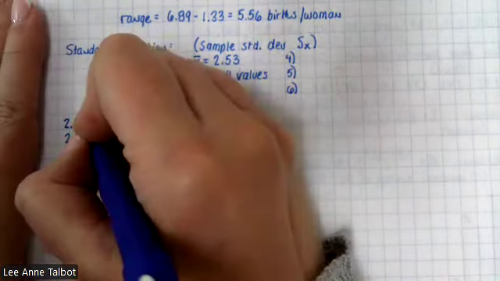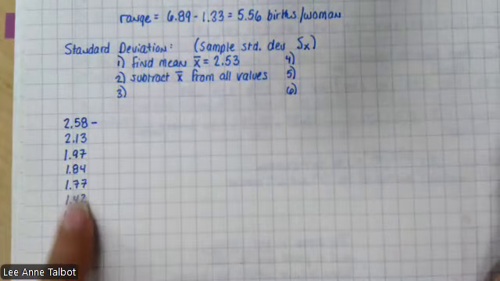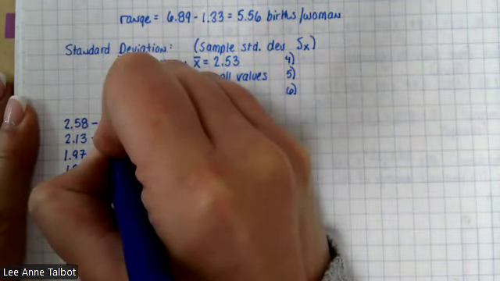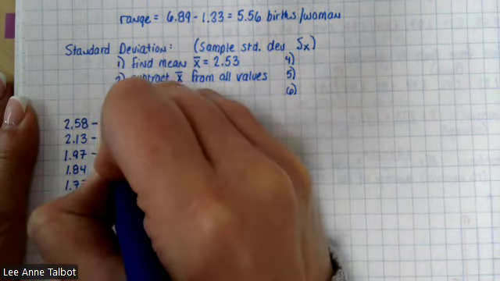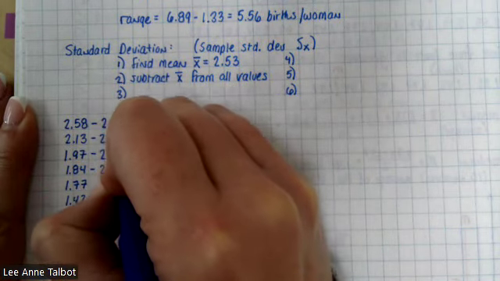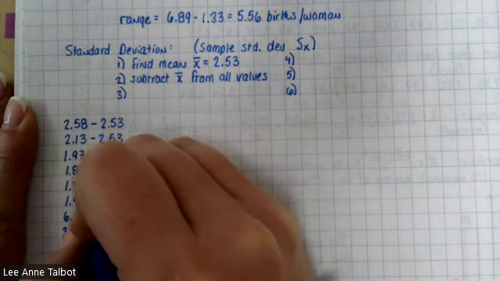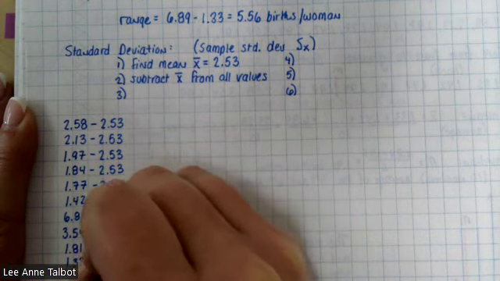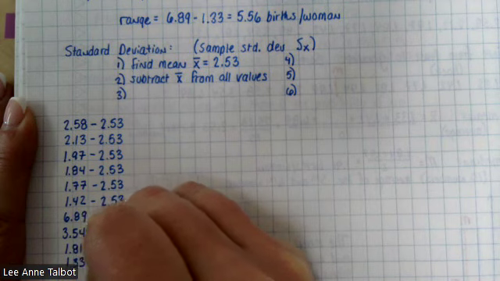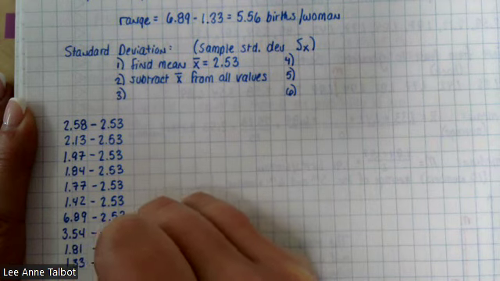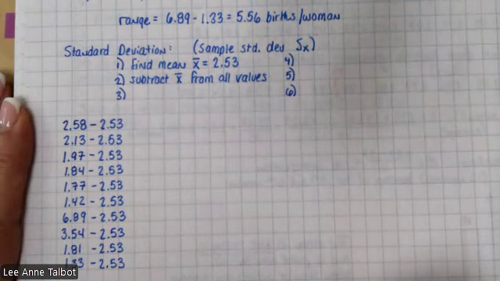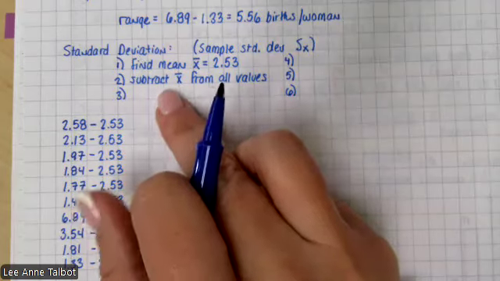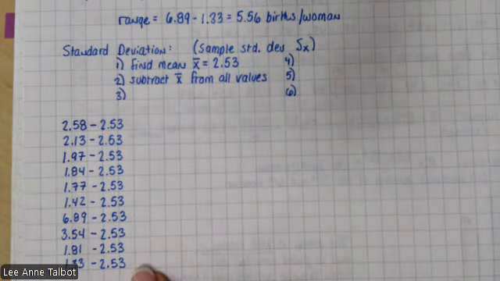And I'm going to subtract the mean of 2.53 from each of these. Okay, so step 1, find the mean. Step 2, subtract the mean from all of your values.